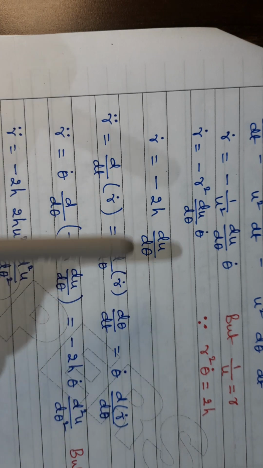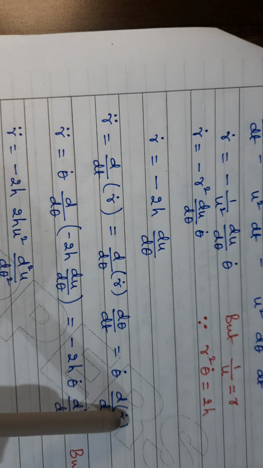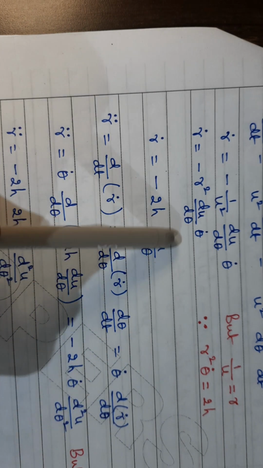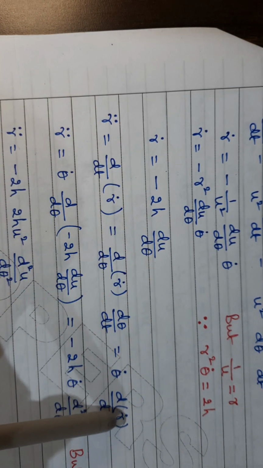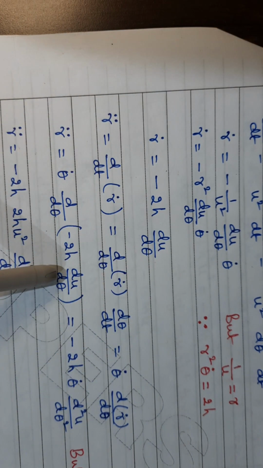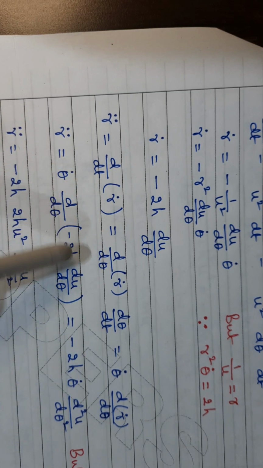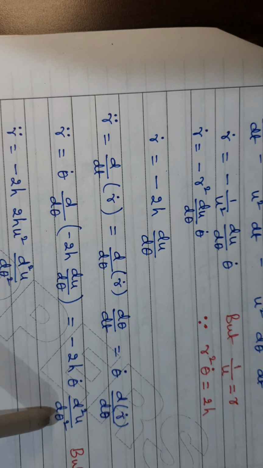R dot value already we know: minus 2h du by d theta. Substitute that r dot value here. Multiply: minus 2h theta dot d square u divided by d theta square.